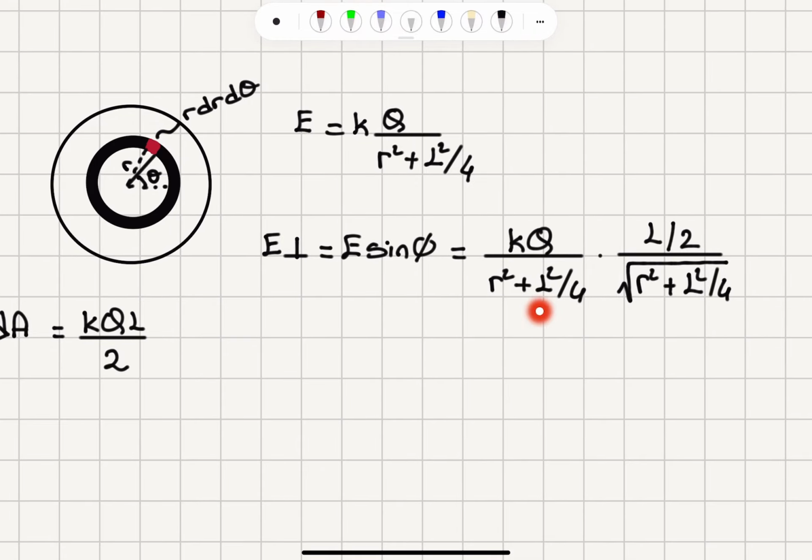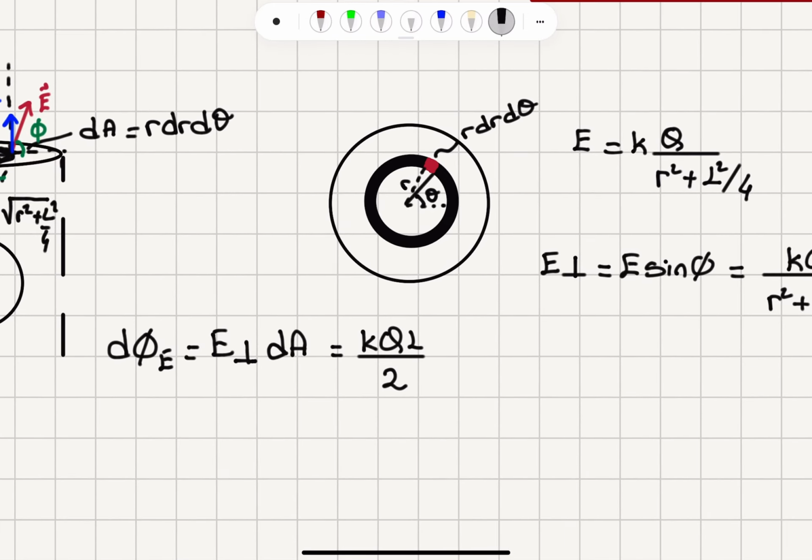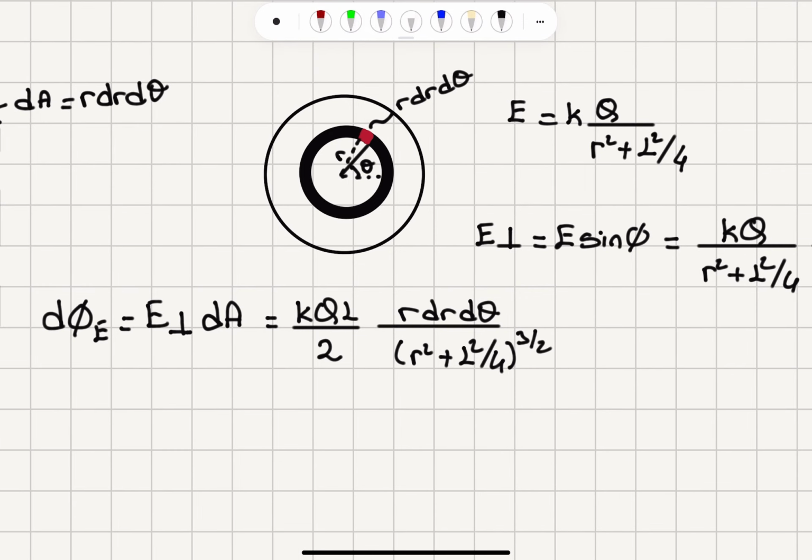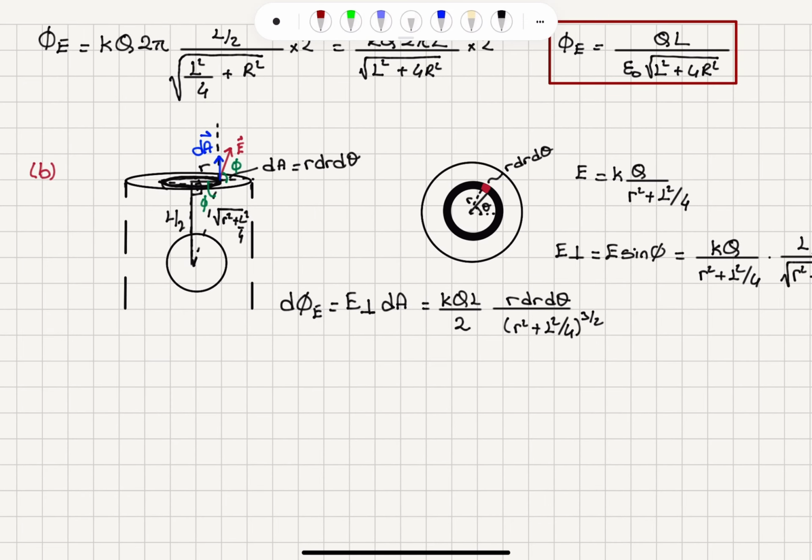And then we have r squared plus L squared over 4 multiplied by square root of that. And the magnitude of the area is r dr d theta. And here at the bottom I have r squared plus L squared divided by 4 to the power 3 over 2. So this is E perpendicular multiplied by dA. That's our flux through this ring.